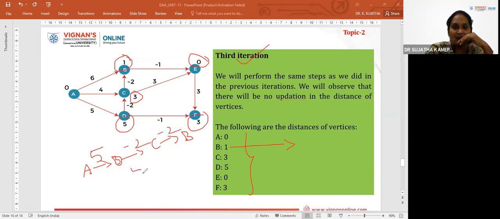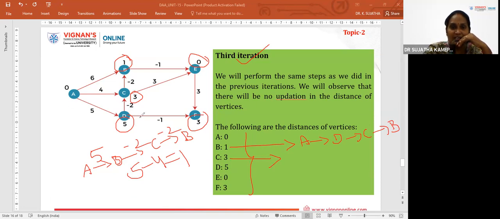So what it becomes? 5 minus 4, whose value is 1. So here the path is A to D, D to C, C to B.